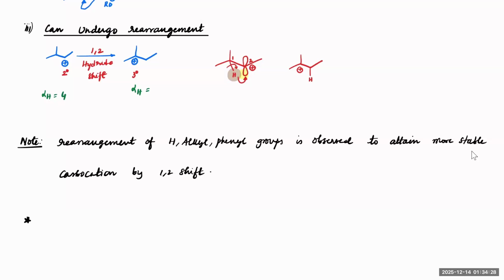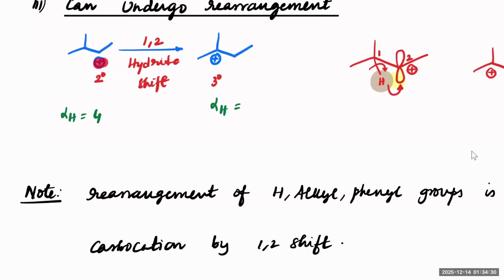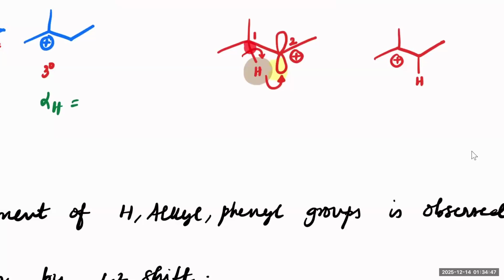as rearrangement. For example, this positive charge is currently lying on 2 degree carbon, but given a chance, it can move on to this 3 degree carbocation by shifting some group from 3 degree positions. Now in here, if you notice, there is a hydrogen present, right? Now this hydrogen basically is a spherical electron cloud here.